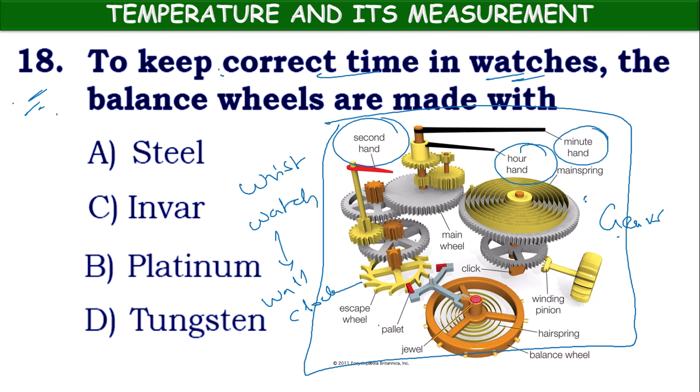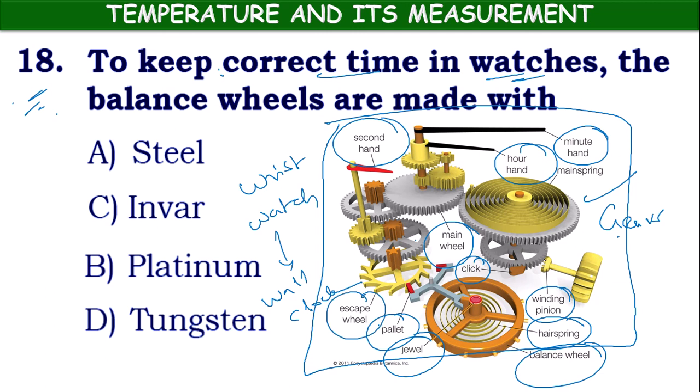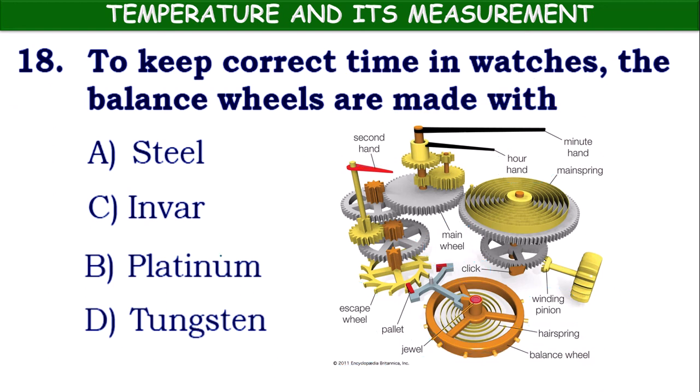This is the main spring, main wheel, click, winding, pinion, hairspring, balance wheel, jewel, pallet, escape wheel. They will have so many parts. In this, we have a balance wheel here. These balance wheels are made with what?